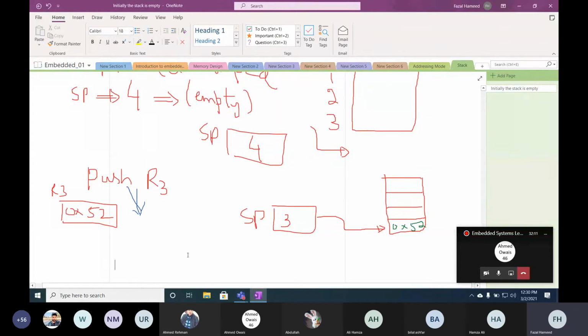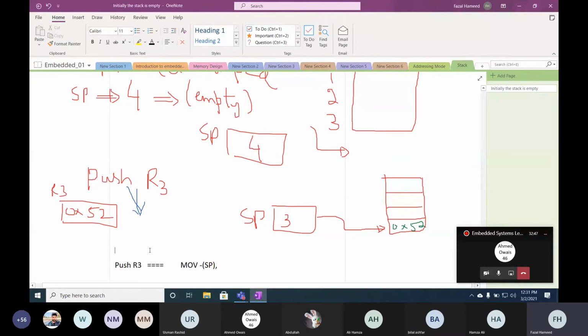This push R3 is equivalent to move, using SP. What is SP? Stack pointer. Move minus SP. SP is a stack pointer; it is just like an address register.